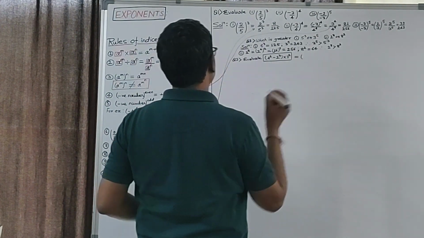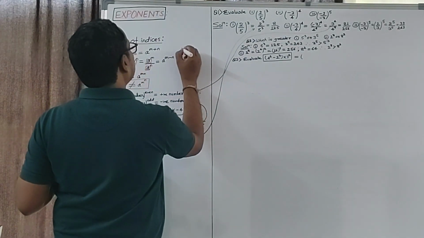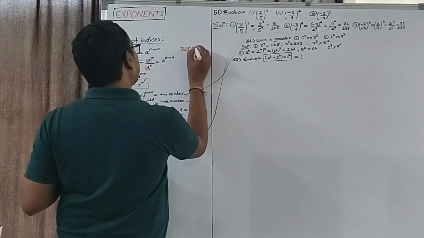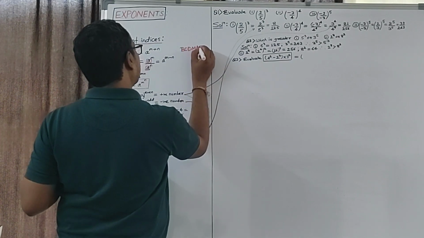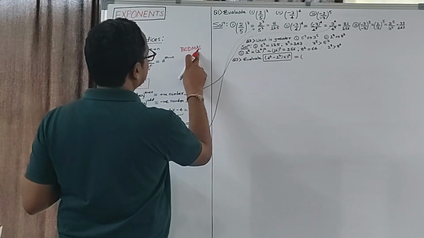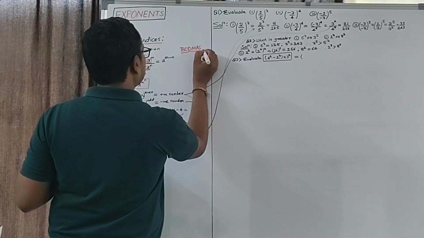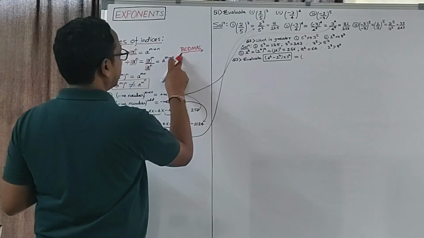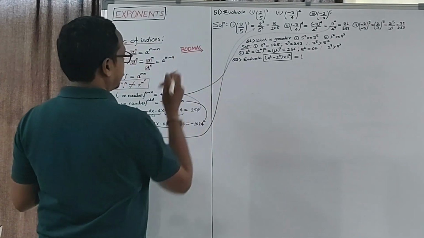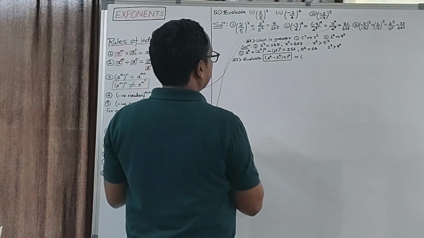We will follow a rule called BODMAS: bracket, of, division, multiplication, addition, subtraction. In this order we will solve. This is a very fundamental rule. In this case we have to solve the bracket first.